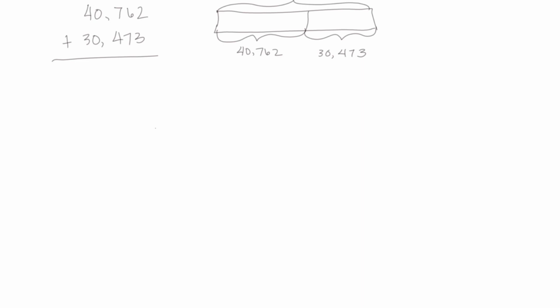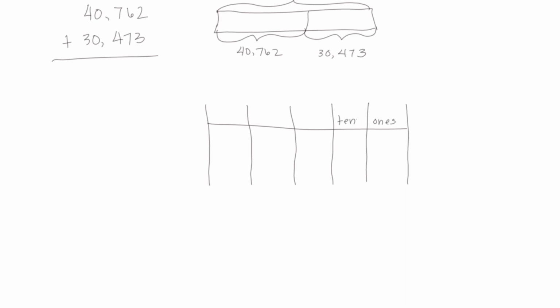And then I'm going to show with a place value chart. So these are my ones, tens, hundreds, thousands, and 10,000s.